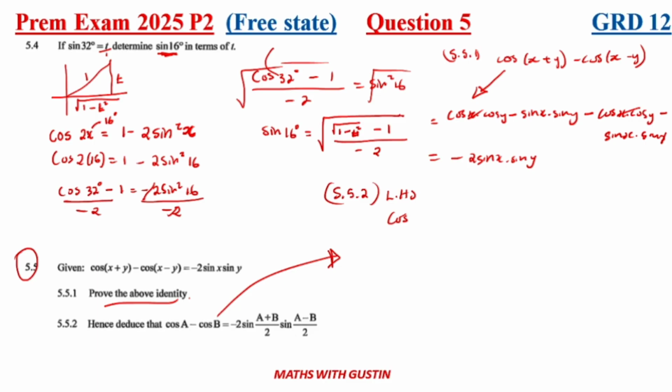Then in the space of a, this is what I'm going to put, cos of (a plus b) divided by 2. Guys, you can expand if you want, but I think we've already done enough expansion from that one. Okay, so negative cos of ((a plus b) all over 2 minus (a minus b) all over 2), close bracket.